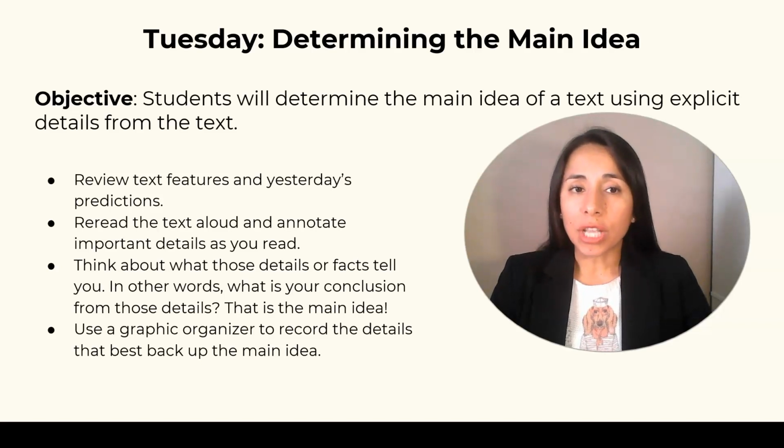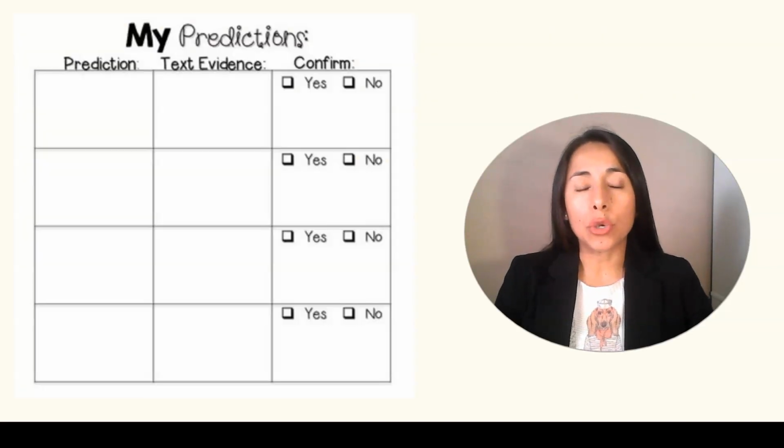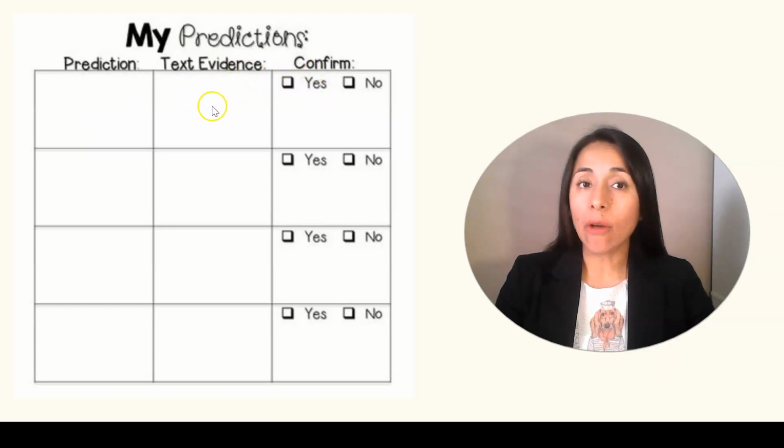So the first thing that you have to do is refresh and activate your background knowledge. For that, we are going to review the text features and yesterday's predictions. Remember, you had to use a graphic organizer to write the prediction and confirm at the end if you were correct or not and how you knew that.